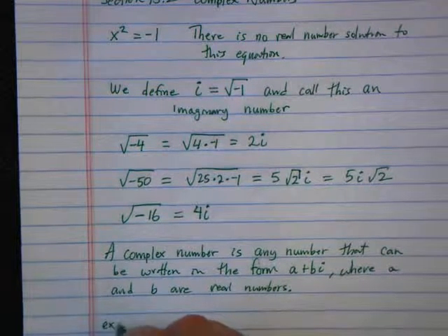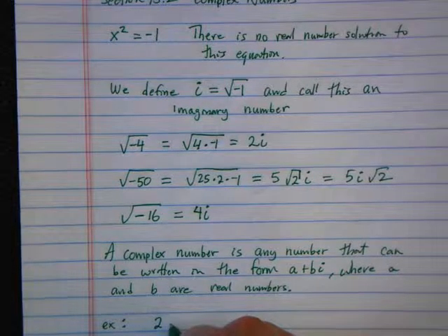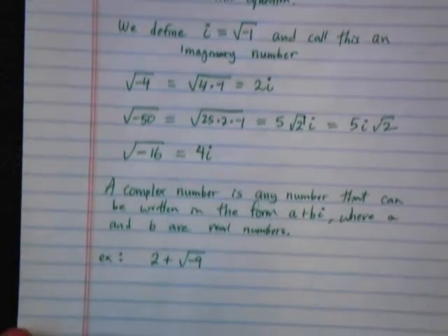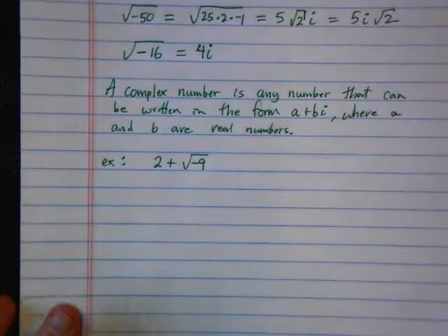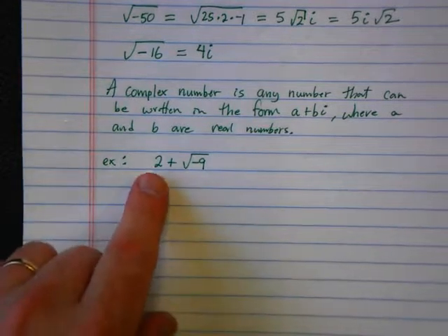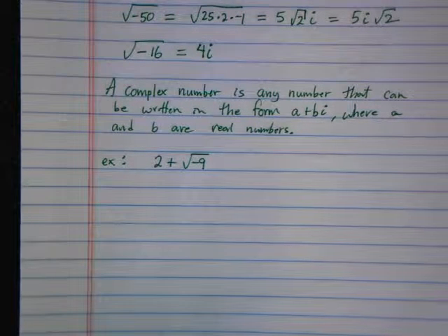Examples. 2 plus the square root of negative 9. Is 2 plus the square root of negative 9 a complex number? Yes, because a and b are real. a is 2. What's b? Not negative 9.